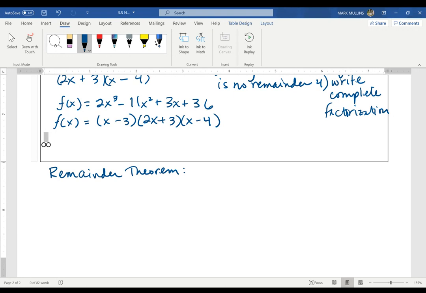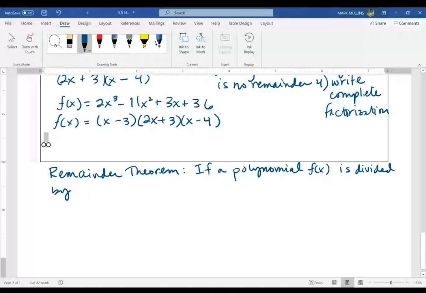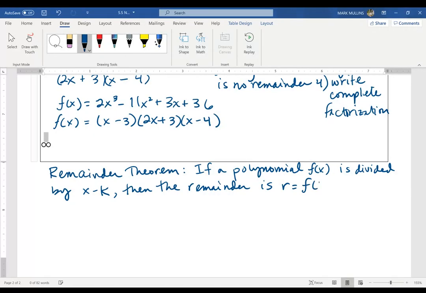So we used the Remainder Theorem when we were dividing. So if a polynomial f of x is divided by x minus k, then the remainder is r equals f of k.